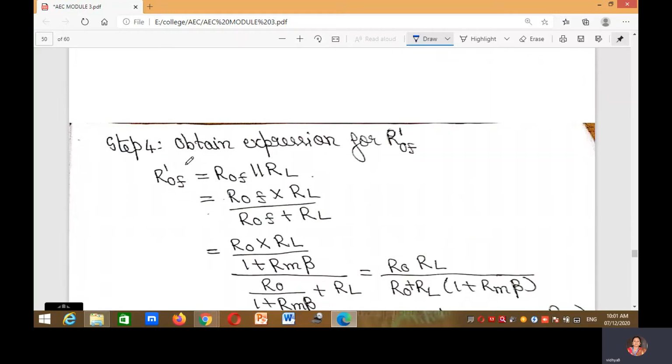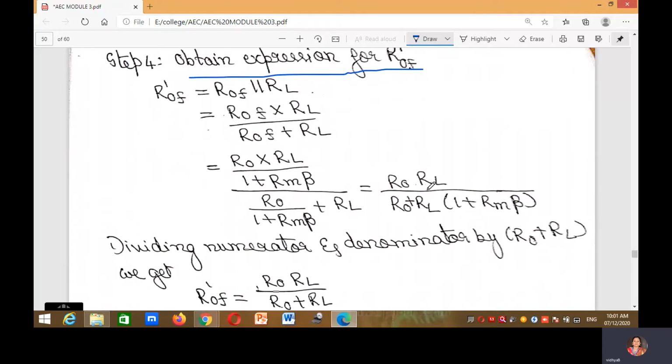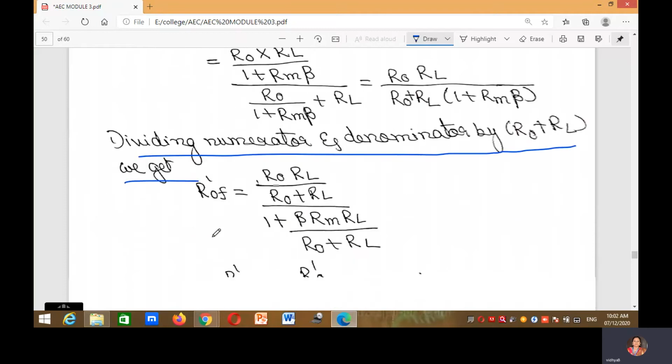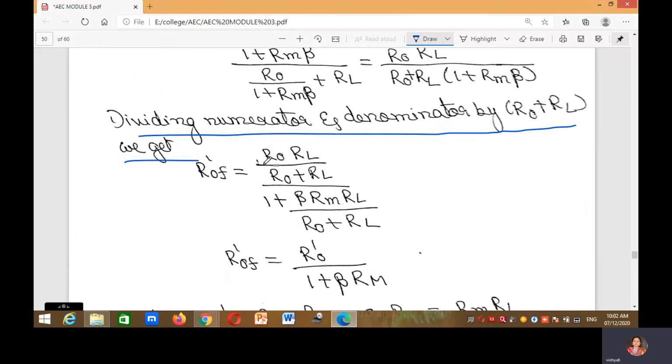Next, step 4, obtain expression for R naught F dash, which is R naught F parallel with RL. If you solve this, you will get R naught into RL divided by R naught plus RL open bracket 1 plus Rm into beta close bracket. Dividing numerator and denominator by R naught plus RL, we get R naught F dash is equal to R naught into RL divided by R naught plus RL, plus beta into Rm into RL divided by R naught plus RL.